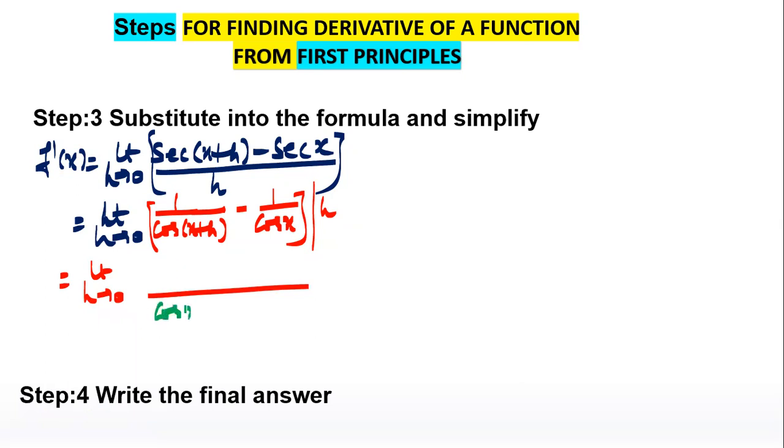It will be cos x minus cos(x+h) upon cos(x+h) into cos x into h.